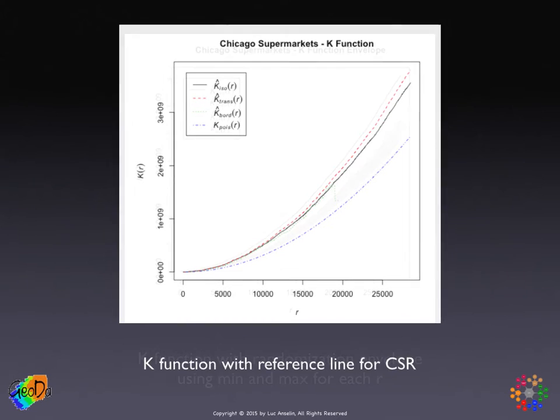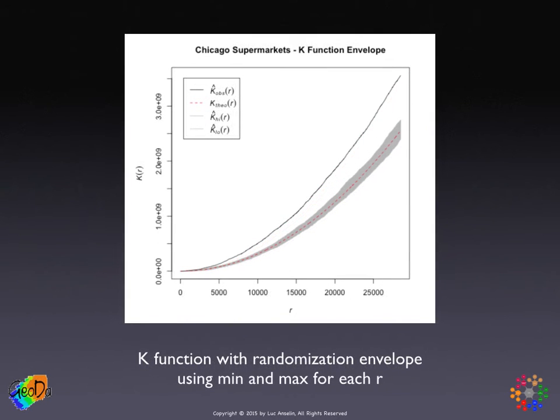The same is true for the randomization envelope, the gray zone. The black line is clearly outside the gray zone, so we can confidently assess that the supermarket pattern exhibits clustering.